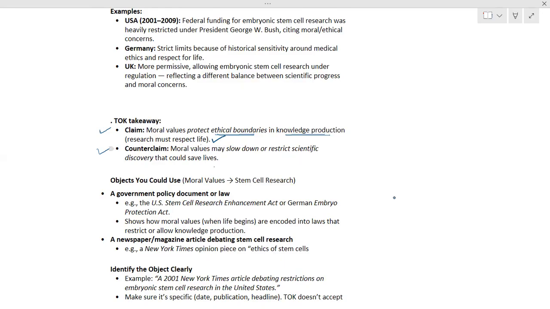Due to these moral values, there are these limitations in the countries that you see. And because of these restrictions, the discovery of those cures could be slowed down, which in the long run can save lives. So this is the claim and the counterclaim.